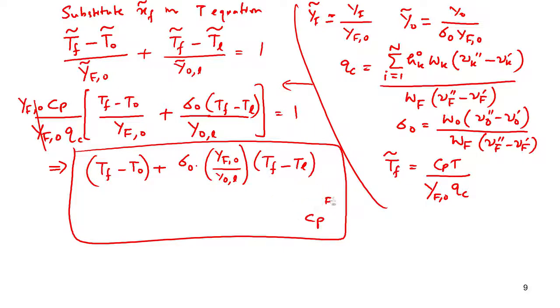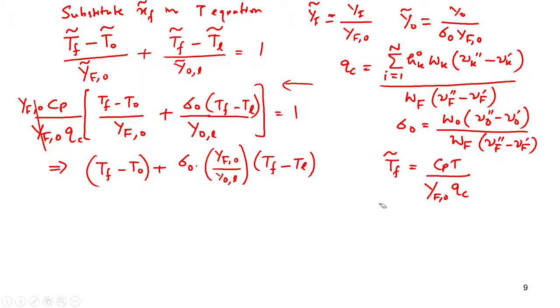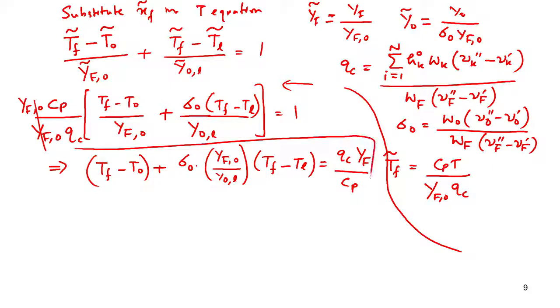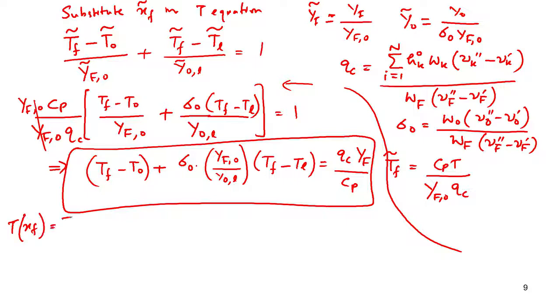Let me just put it here itself. So this gives you the flame temperature, that is, what is the temperature at xf, that is T at xf is equal to Tf, and that is given by this equation.